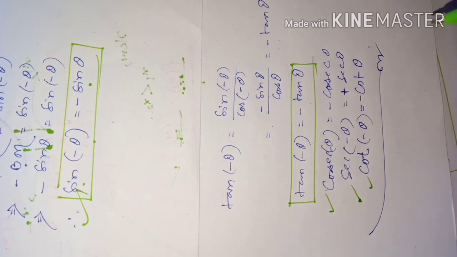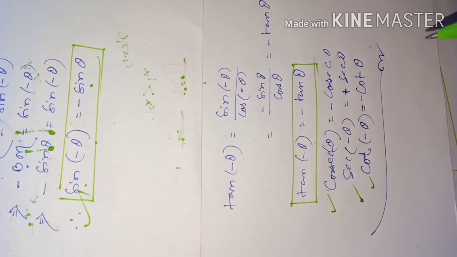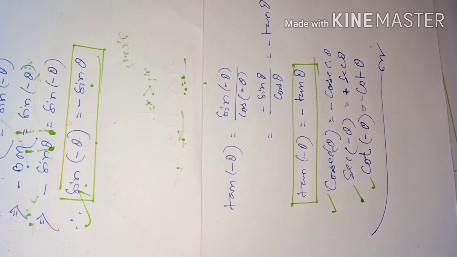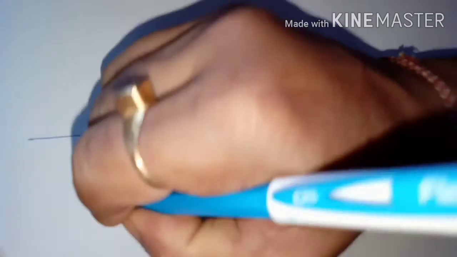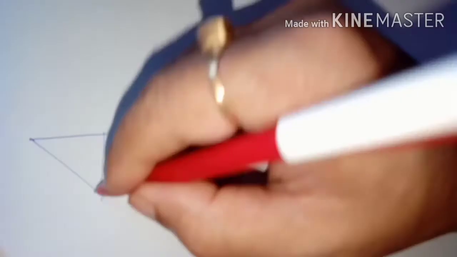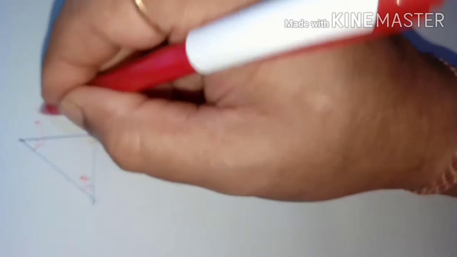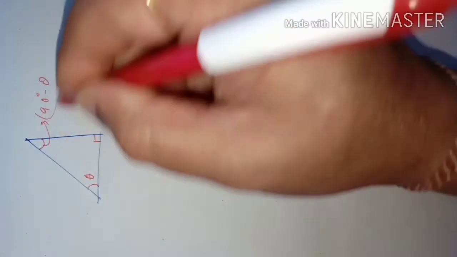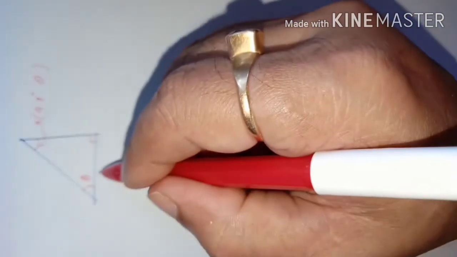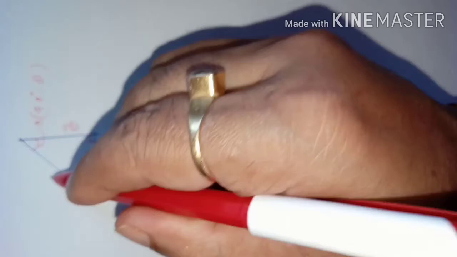Now, for different values of the angle, let us see how the sign and the ratios will change. Look at this right triangle. Suppose I consider this angle as theta, this is 90, and this angle will be 90 degree minus theta. Suppose this side is x, this is y, and this is z.